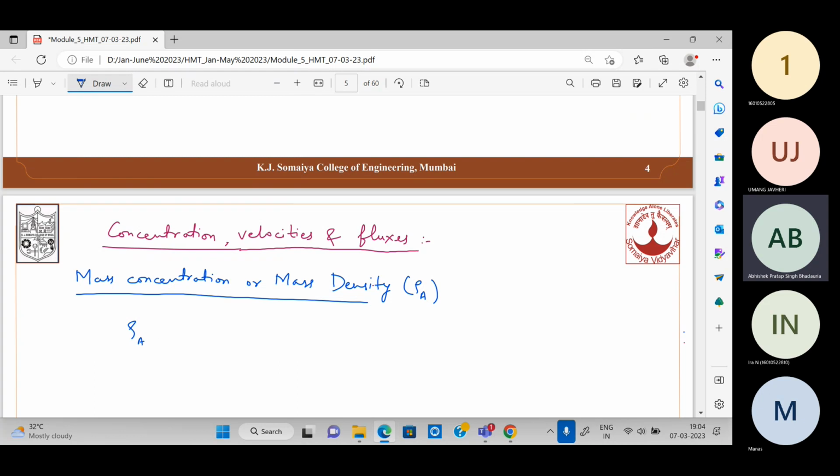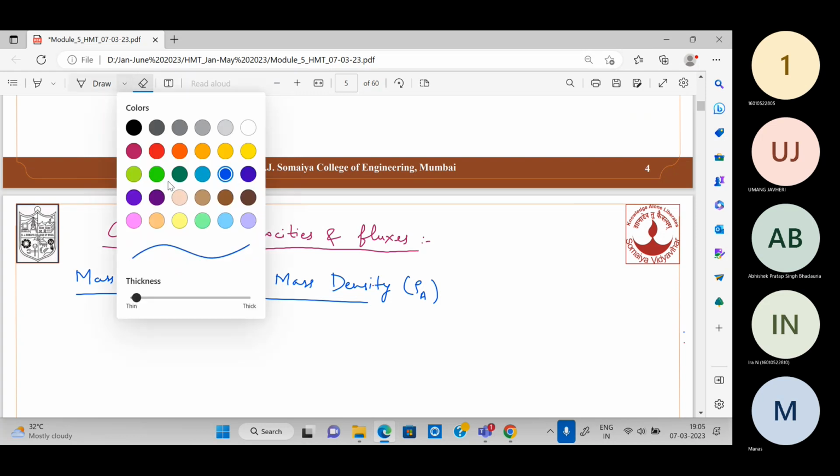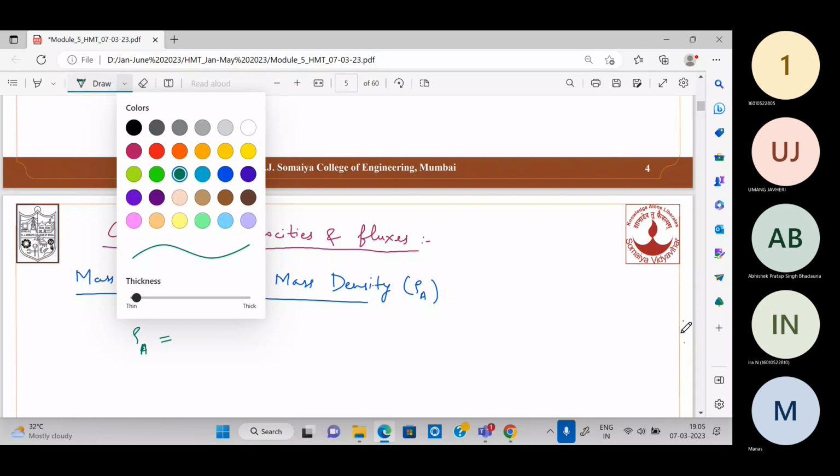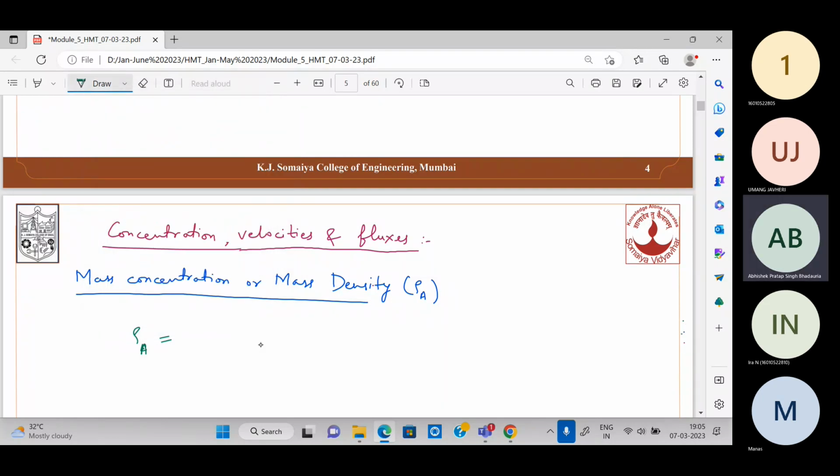So what is this rho A? Rho A is equal to mass of component A divided by volume of mixture.